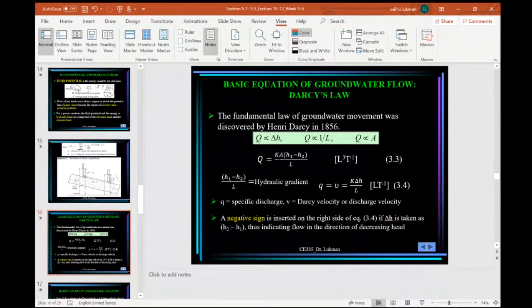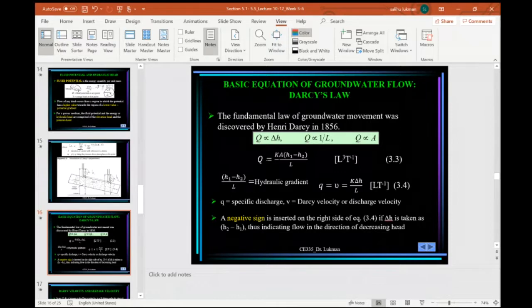That indicates the flow is in the direction of decreasing head. As the flow progresses, the pressure head reduces, mostly due to losses from friction. As water is flowing, it is losing energy.